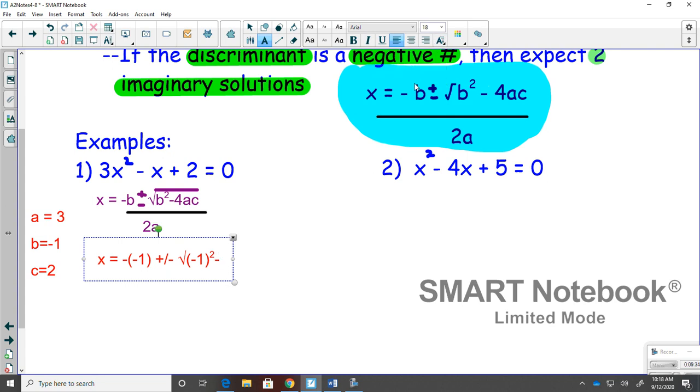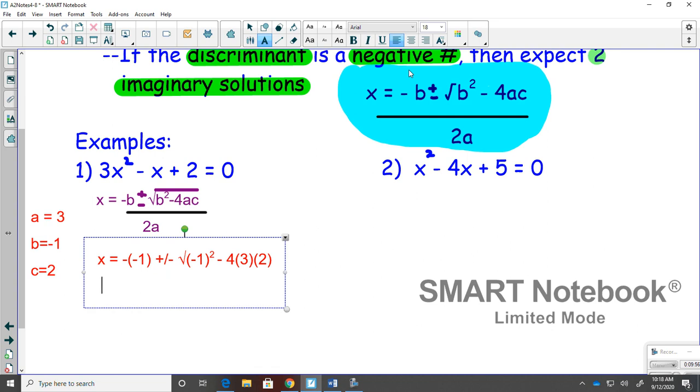And then minus 4 times a, which is 3, times c, which is 2.